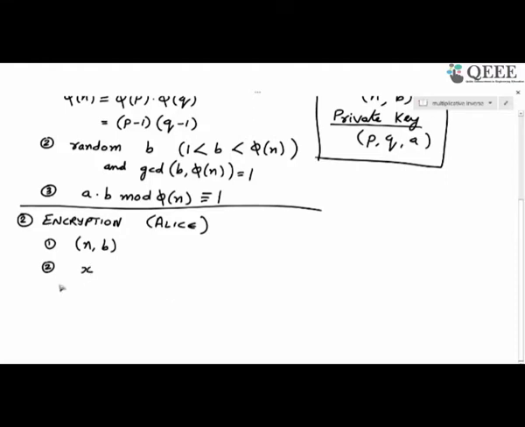So she takes x, raises it to the power of b, and does modulo n, and sends this value, which we call y, to Bob. y is the ciphertext sent to Bob, while x was the original message.